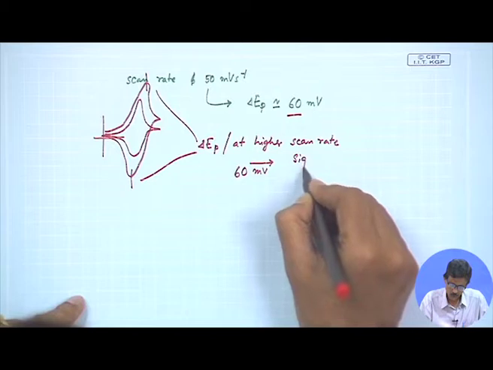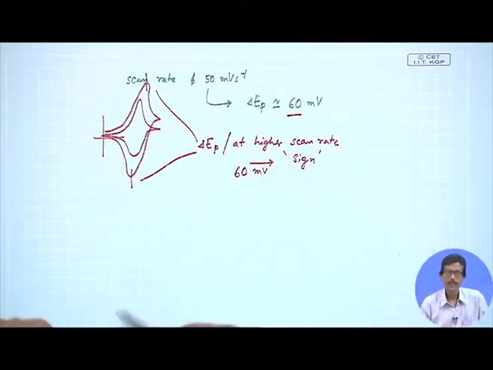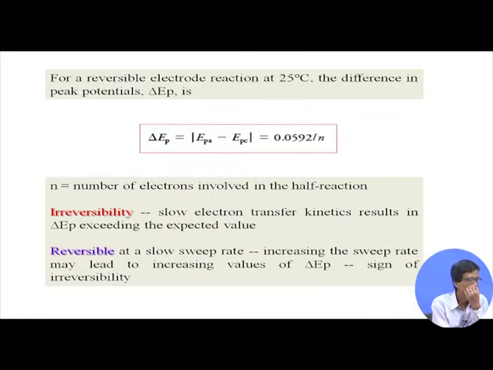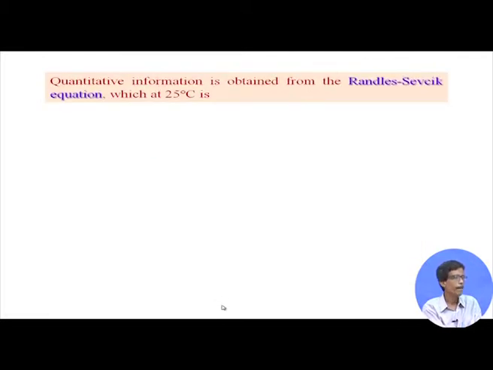So, it is showing the corresponding sign of irreversibility or quasi reversibility. So, looking at only the delta EP values, we find that the delta EP values will immediately give us the idea that you will have a reversible situation or an irreversible situation for your electron transfer reaction.